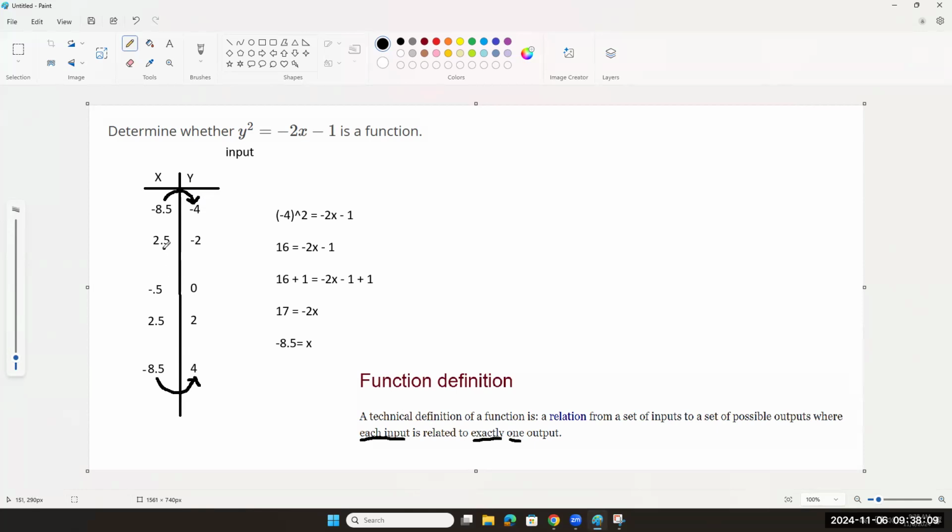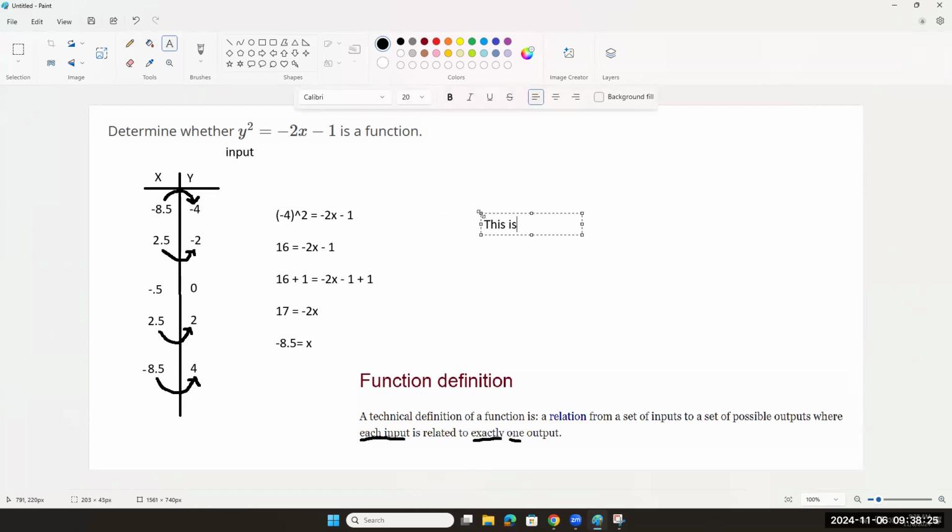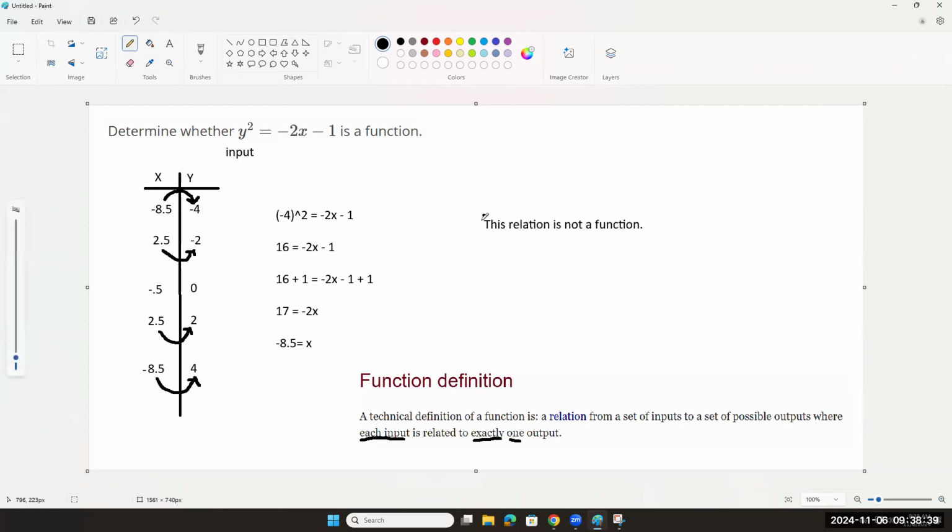In fact, the same is the case for 2.5, where it's related to two outputs. So in the end, the bottom line is this is not a function. Sometimes we say this relation is not a function, and I'm referring to this whole equation here.